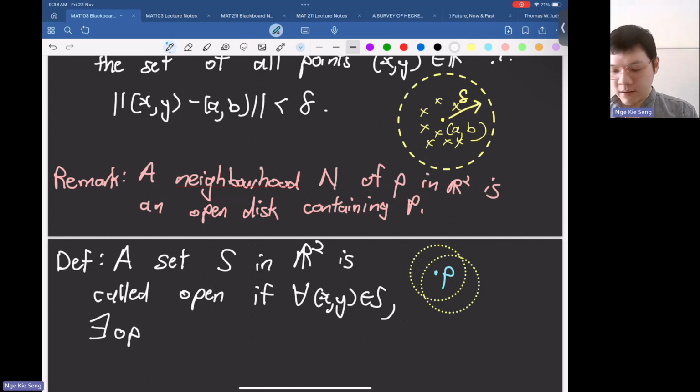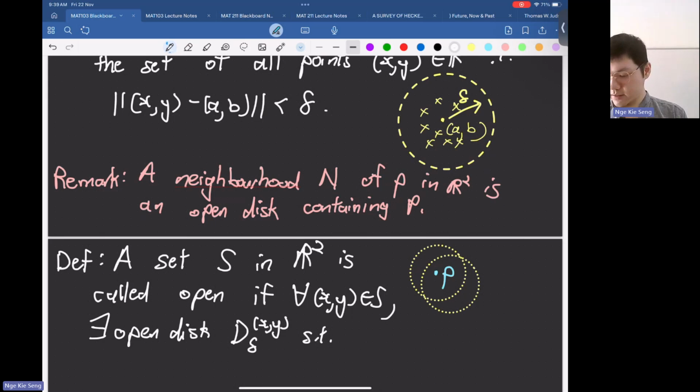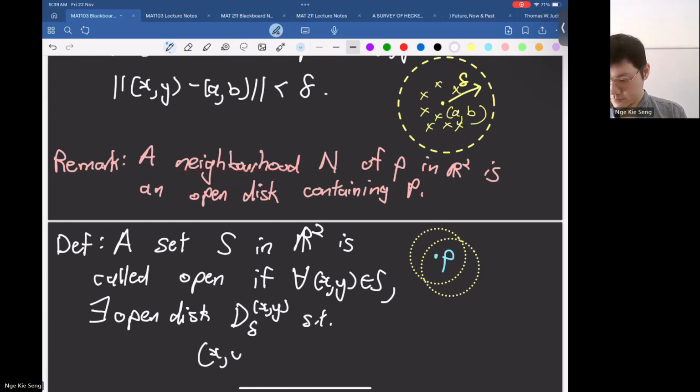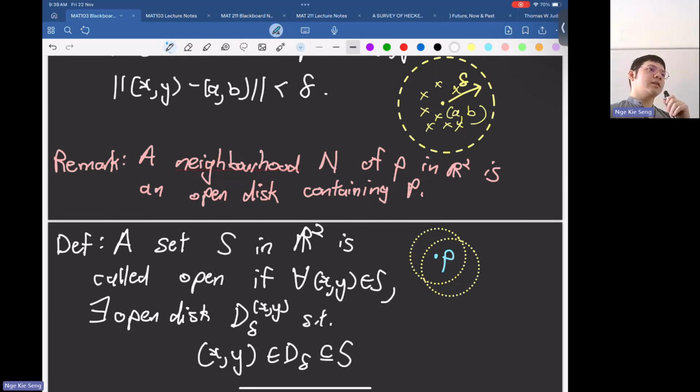How do we denote the open disk? You just need two ingredients. You need to tell me where the center is, and the radius, such that all points here live in the open disk, and then this open disk will live inside your set.